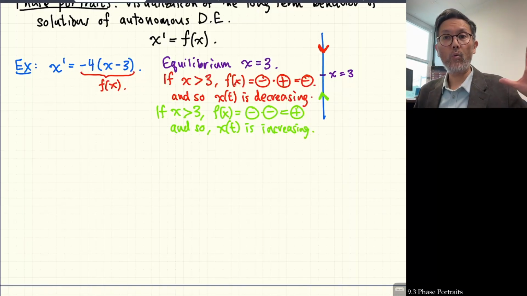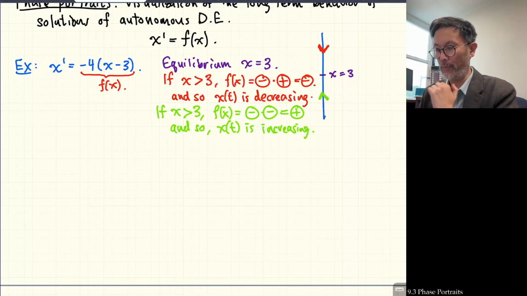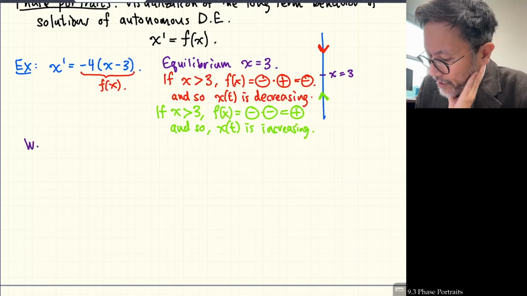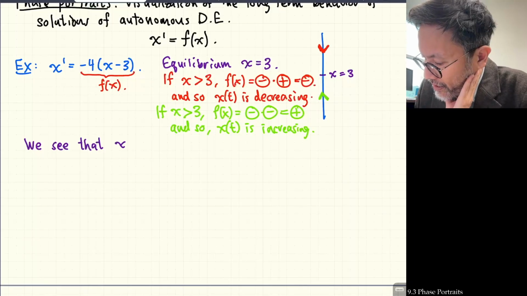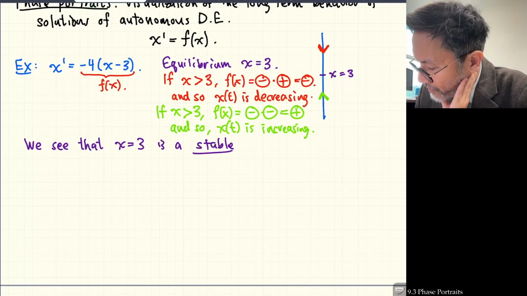And okay, so what can we say about this equilibrium solution x equals 3? We see that x equals 3 is a stable equilibrium.